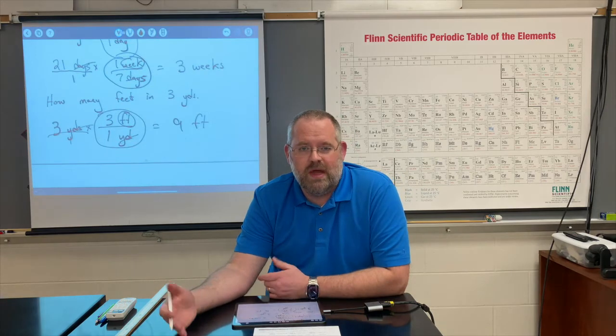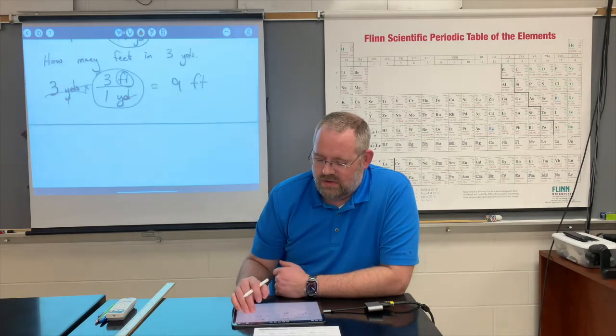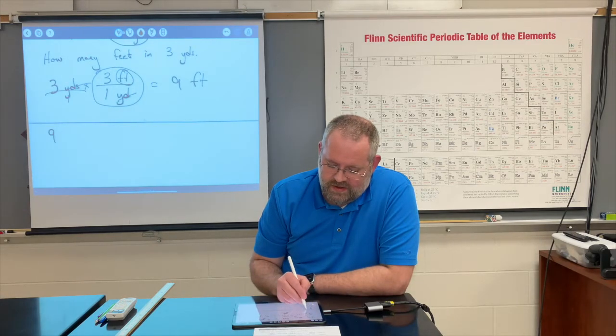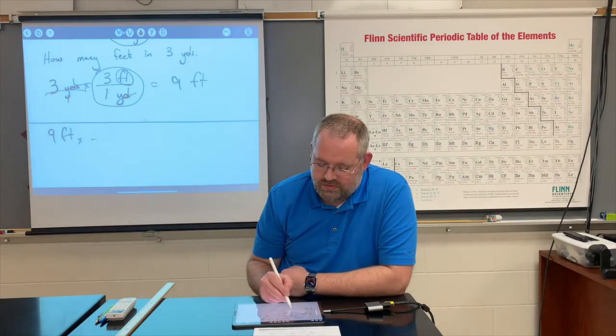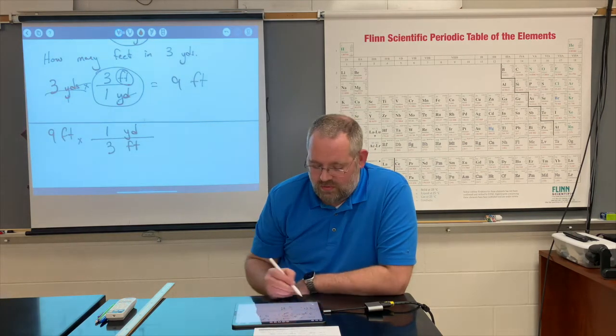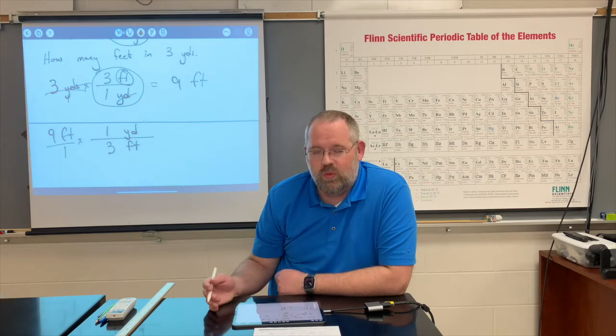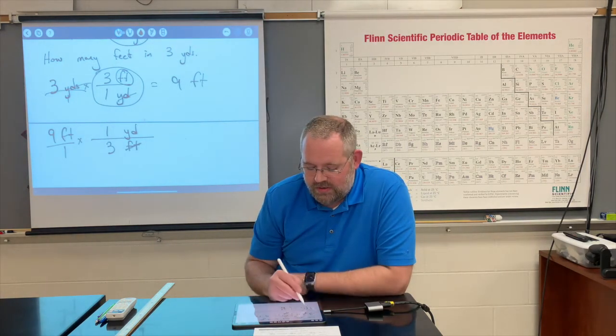If I work backwards and I ask you how many yards are in 9 feet? Well, 9 feet, and I want to turn feet into yards. So I have 1 yard is equal to 3 feet. So the premise here is whichever unit you want to get rid of, you put in the denominator.